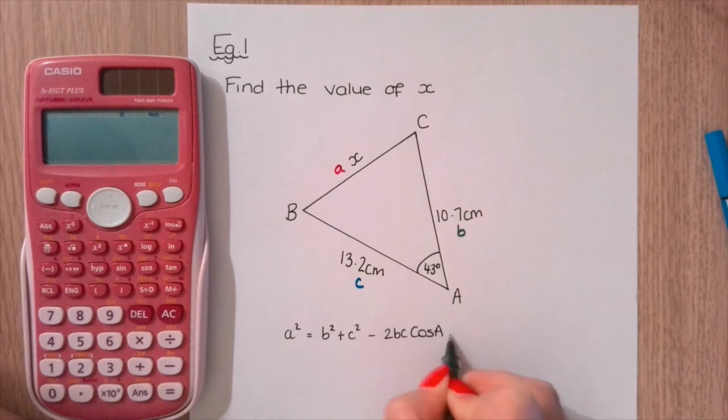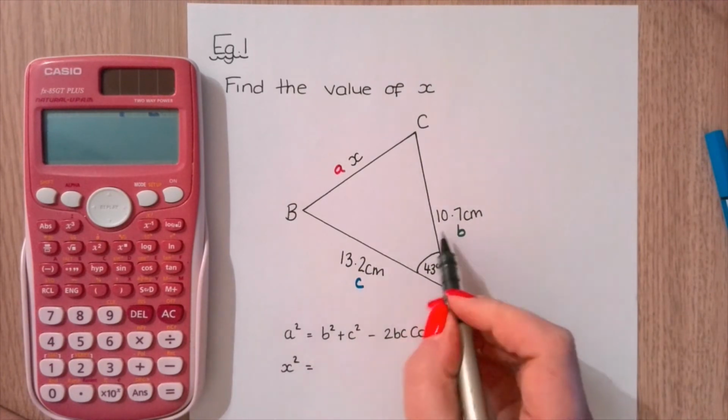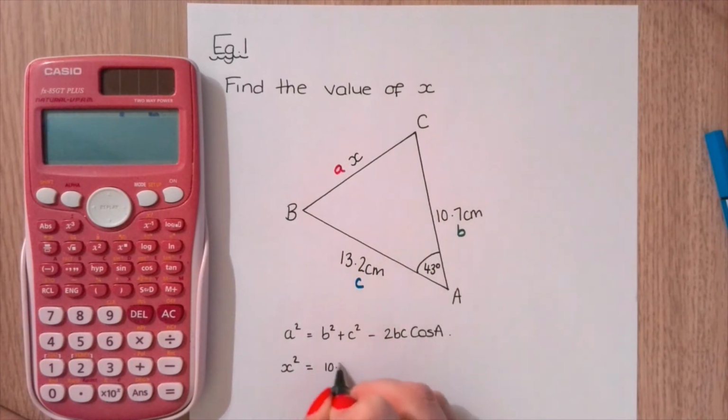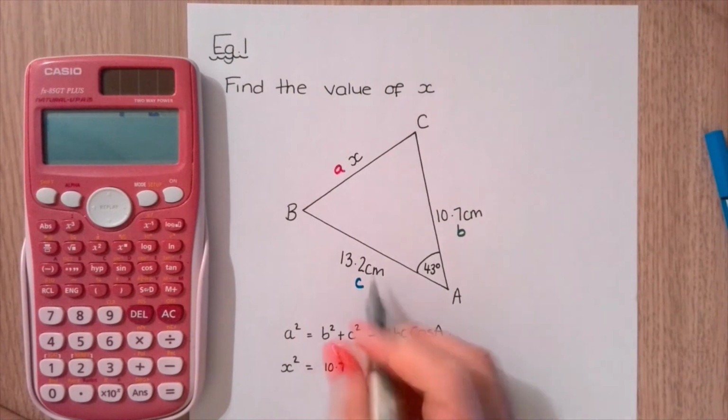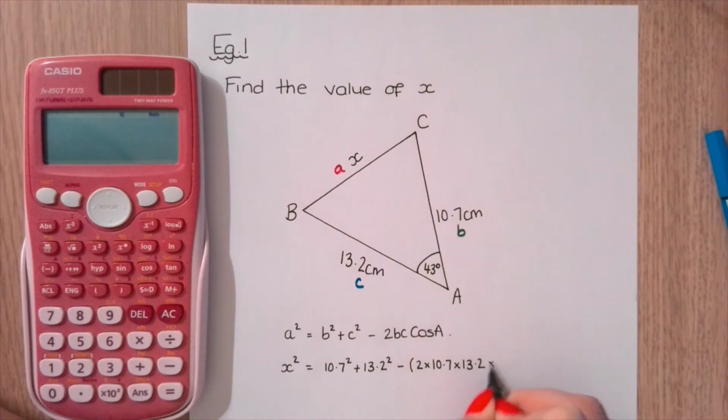cos A. Filling this in, a is x, so I get x squared is equal to 10.7 squared plus 13.2 squared minus 2 times 10.7 times 13.2 times cos 43.